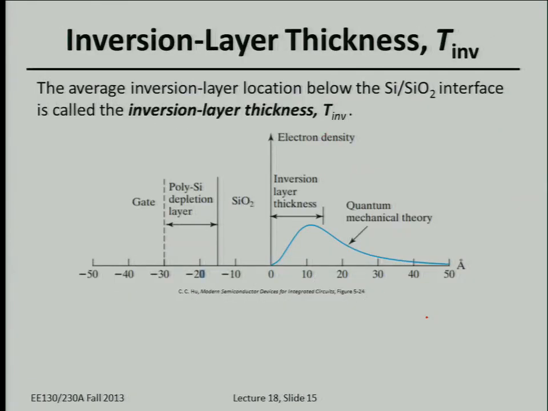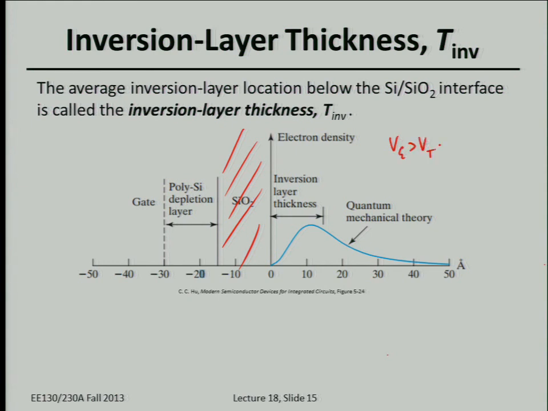So finally, the last non-ideality in an MOS capacitor that becomes important when you're talking about very thin oxides is inversion layer thickness. When we actually form an inversion layer of mobile minority carriers in the silicon, this is a plot showing the metal gate on the left and the gate oxide in the middle, and now this is for VG greater than VT.